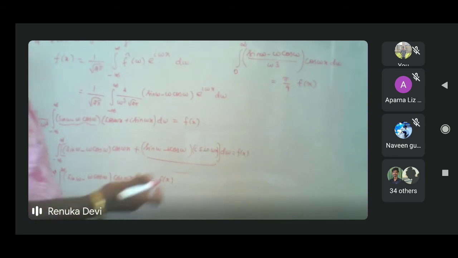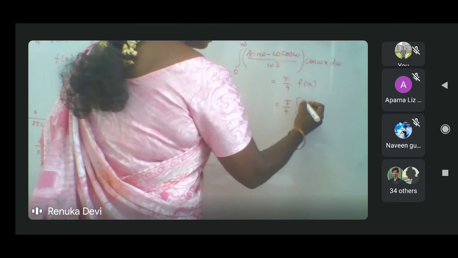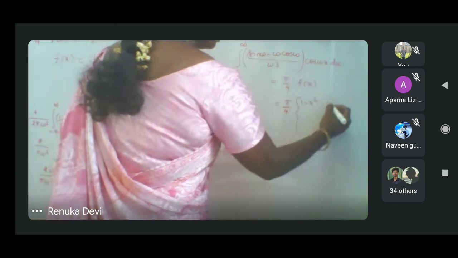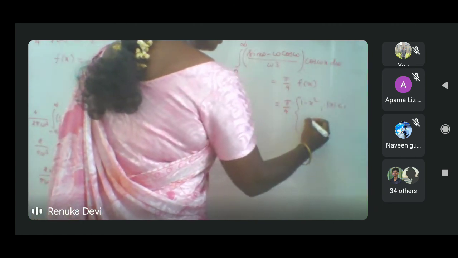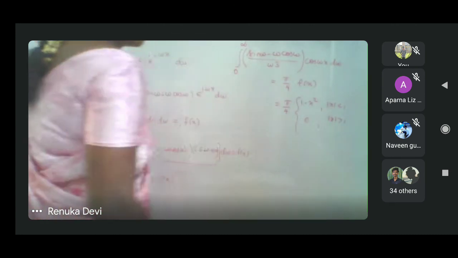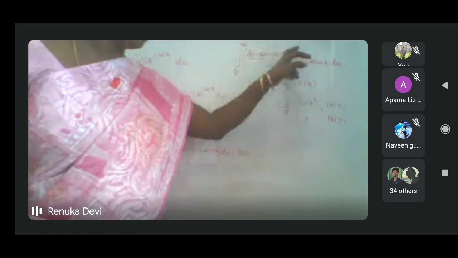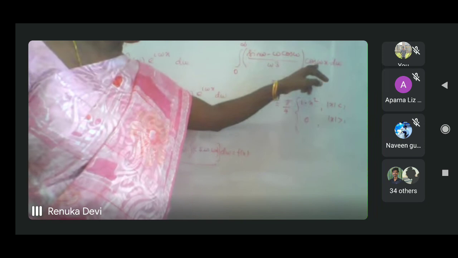What is our f of x? This is equal to pi by 4 times f of x, where f of x is 1 minus x square if modulus x less than 1 and 0 if modulus x is greater than 1. Actually, what you have to find, this within the bracket term is okay, but what about this?